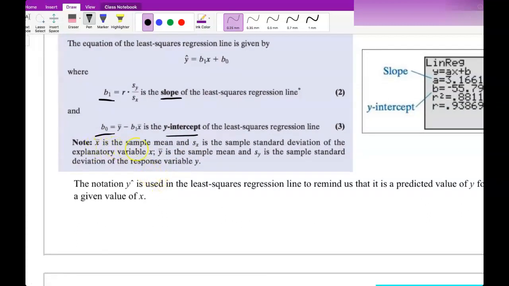Once again, x bar is our sample mean, and sx is the sample standard deviation of the explanatory variable. And also y bar is the sample mean, and sy is the sample standard deviation of the response variable y. That's why we use y here, because that is for the response, and here we use x, because that is for the explanatory variable.